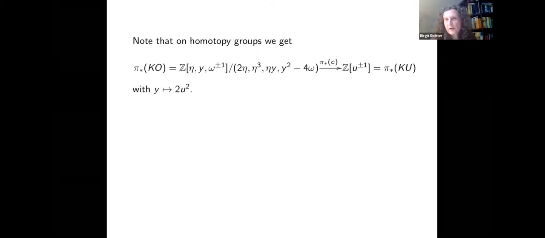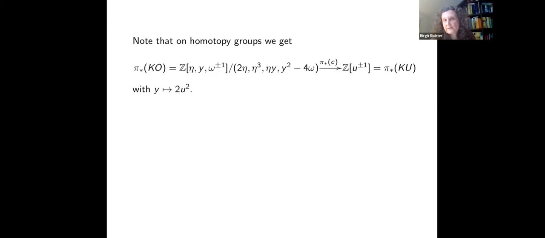And just a word of warning, these Galois extensions are far from behaving nicely on homotopy groups. Of course, if you have Eilenberg-MacLane spectra, the only information you have is the homotopy groups. But in this example, if you take the corresponding homotopy groups of your representing spectrum, the extension is ghastly. I mean, the homotopy groups of KO, you have eta in degree 1, which is 2-torsion and it's nilpotent. You have a generator y in degree 4. And then you have the Bott periodicity element, called omega here, of degree 8.